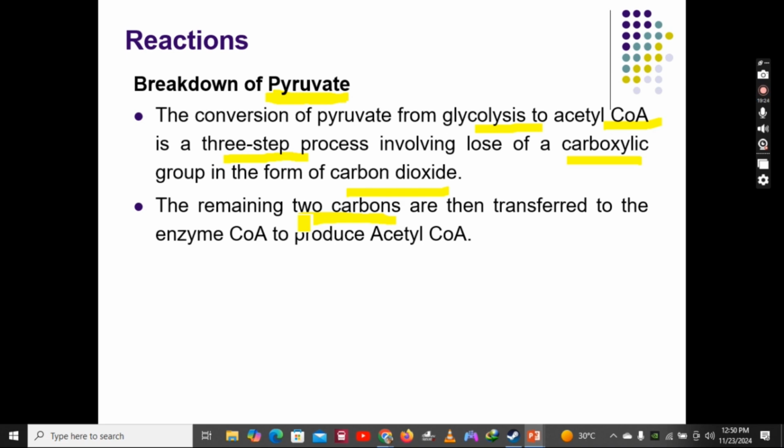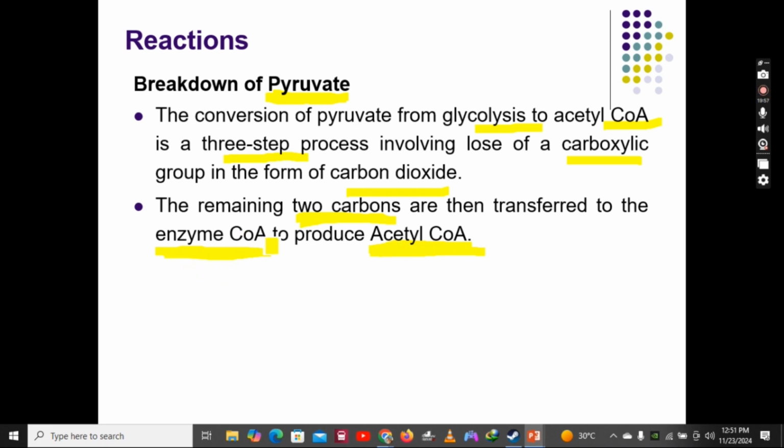Once these 2 carbon atoms remain, they are now the atoms that will be transferred to the enzyme CoA. The enzyme CoA acts on these 2 carbon atoms and produces acetyl-CoA. Okay, this is the molecule that we need, the acetyl-CoA.